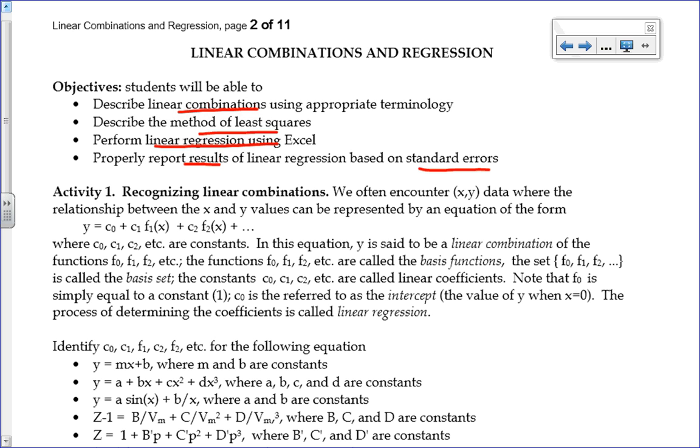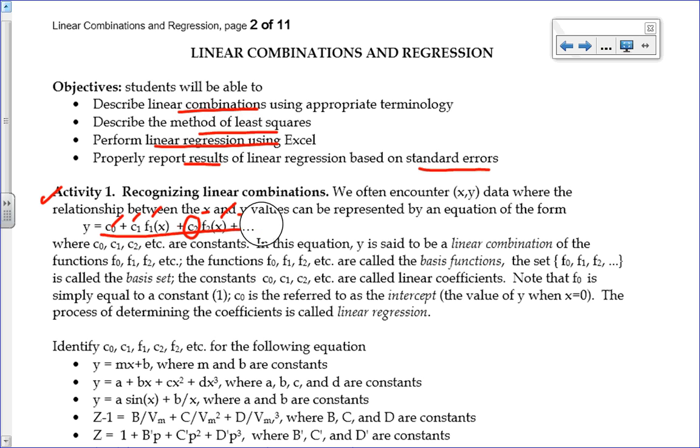Okay, so let's look at the first thing we need to know. What's a linear combination? Well, we often encounter data where the relationship between the x and the y values, so these are things you would measure, can be represented by an equation of this form right here. Y equals a constant c0 plus another constant c1 times a function of x plus another constant c2 times another function of x, and so on.